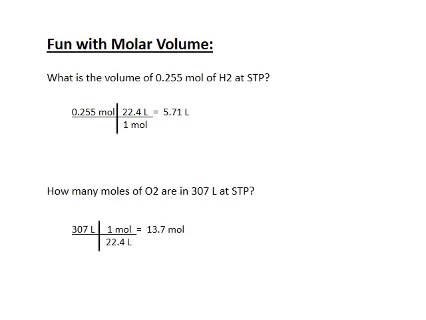And likewise, I've got 307 liters of oxygen, and I want to figure out how many moles I have. So if I use my molar volume and arrange the units so they cancel accordingly to give me moles, it appears that I have 13.7 moles of oxygen if I have 307 liters.